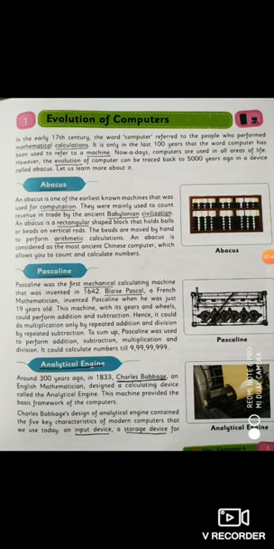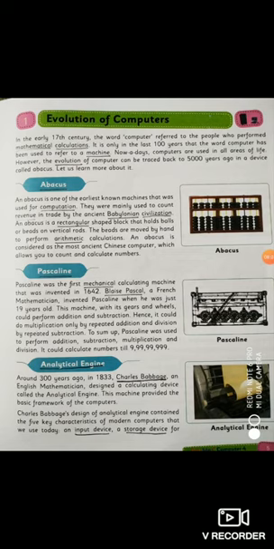When he invented this, he was just 19 years old. Imagine, just a 19-year-old boy inventing a mechanical calculating machine. We all have the strength and the power to do such things.